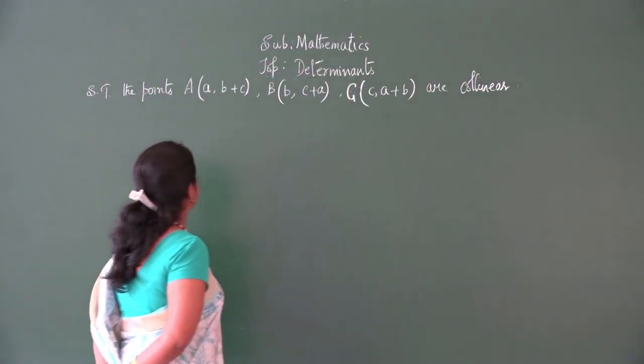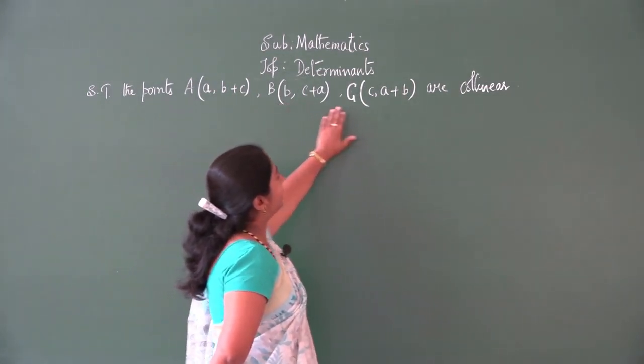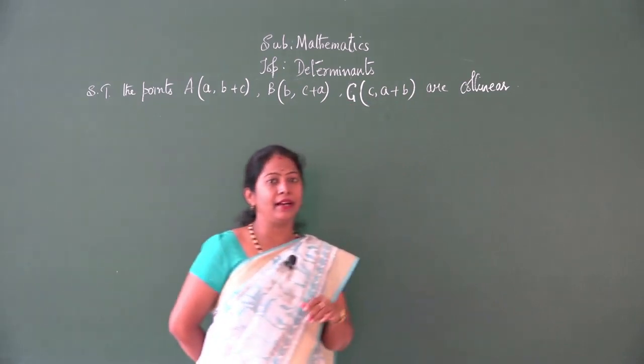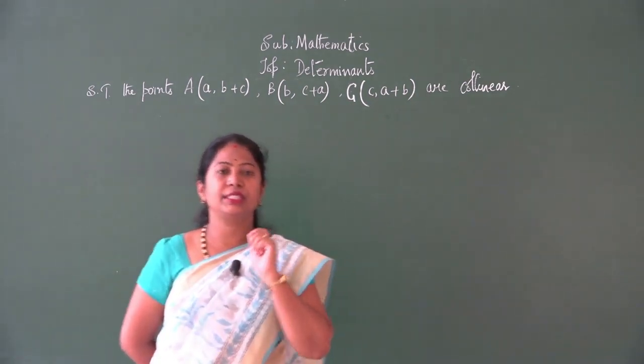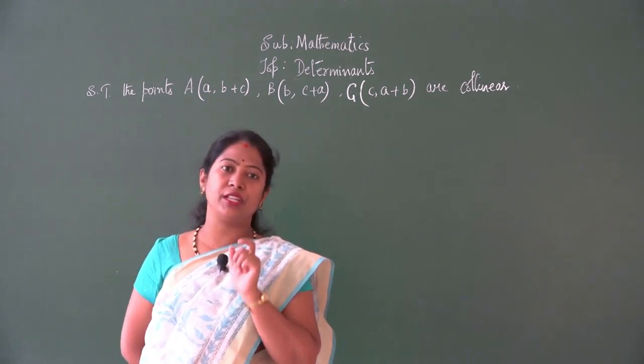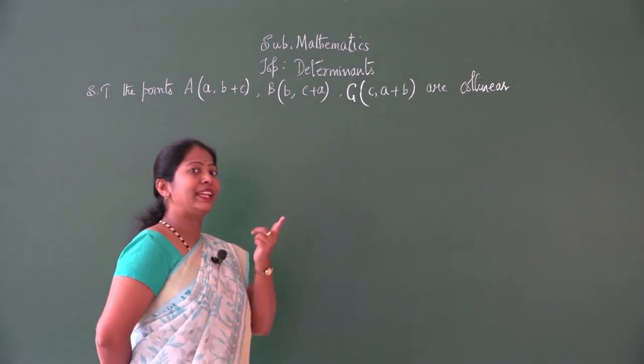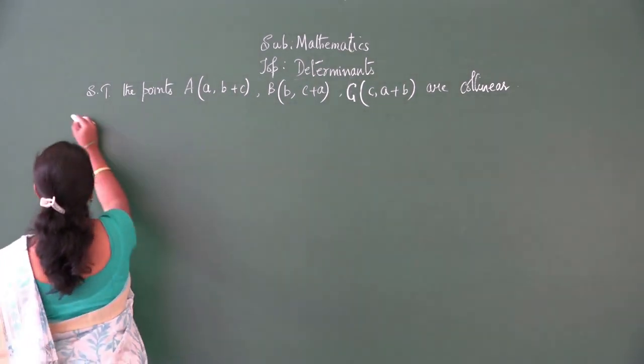Show that the points A of A comma B plus C, B of B comma C plus A, C of C comma A plus B are collinear. The question itself mentions the word collinear. So we need to show that the area of a triangle formed by these 3 points is 0. Only then we say it is collinear. Solution.